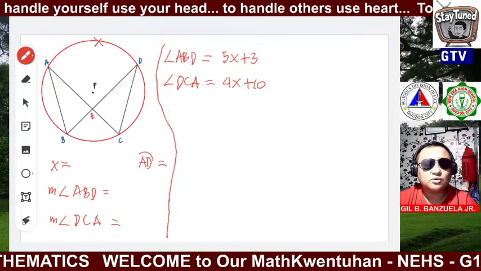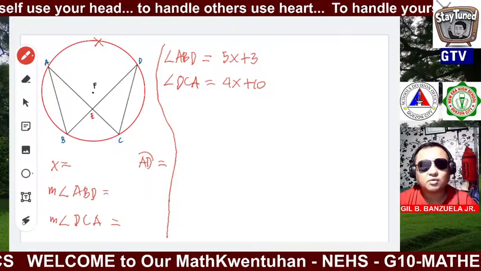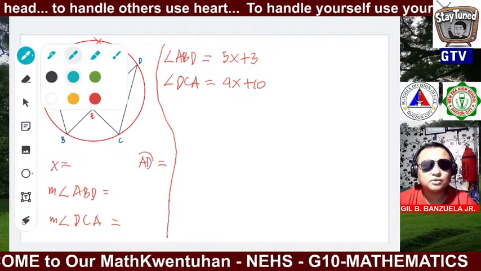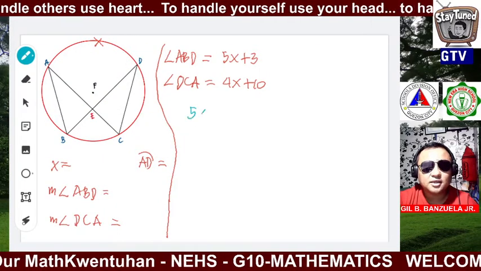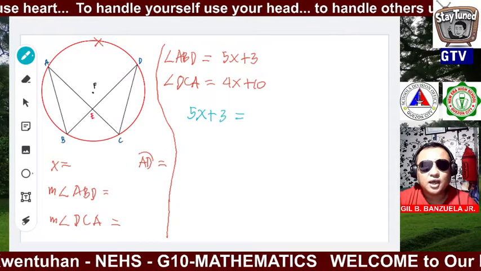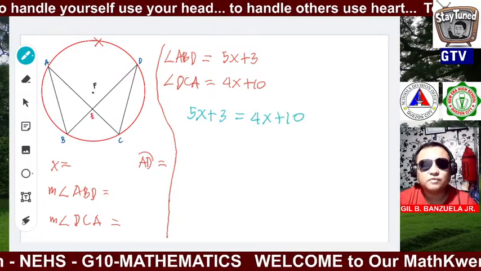Okay? So yung angle ABD and angle DCA are equal. So, gagawin natin yon as part of our solution. Okay, so let's equate. So angle ABD, which is 5x plus 3, is equal to angle DCA, which is 4x plus 10. Then let's solve for x.